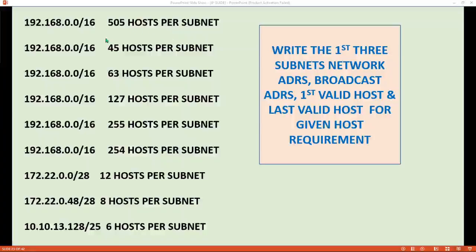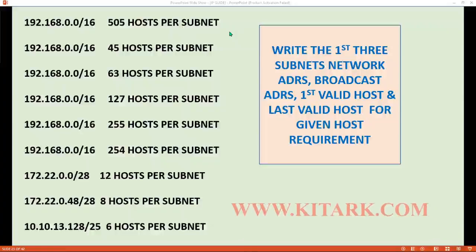This is another point. After finding the host bits, what are you going to do? You need to find the network bits. You can find it by 32 minus the host bits you found here, 2 to the power h, that h bits. Then you will get an answer for the network bits. By finding the network bits, then you can do calculations of the subnet mask, NH mask multiplier networks, right?